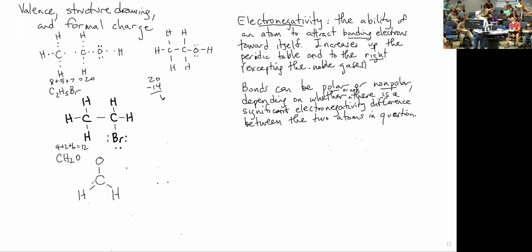And then we need to make sure that all of the peripheral atoms obey the octet rule. We have 6 electrons left of the 12. They can go around the oxygen to make the oxygen have 8 electrons. And now are we done? Well, not quite. In certain ways, this structure isn't terrible.